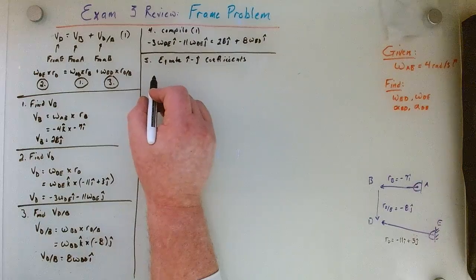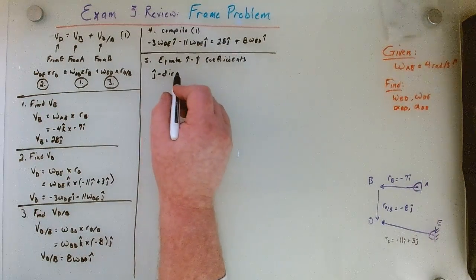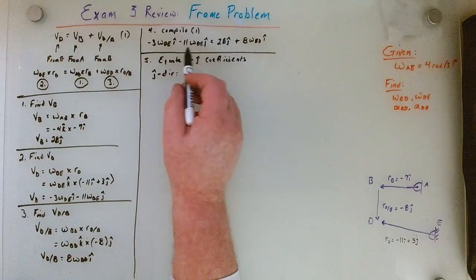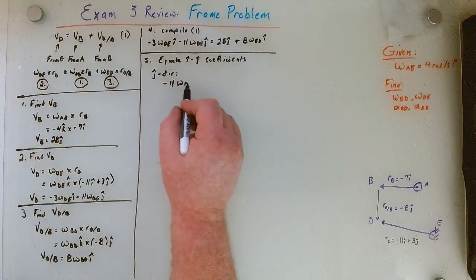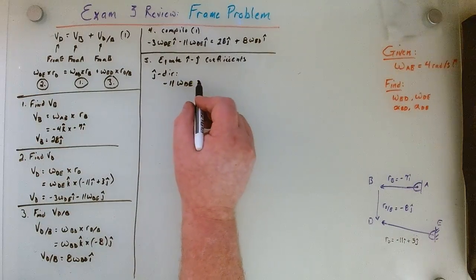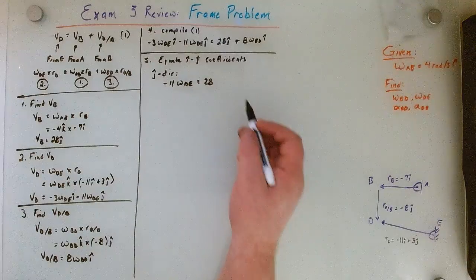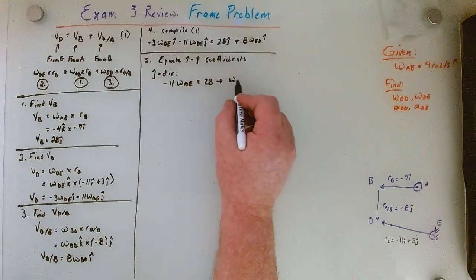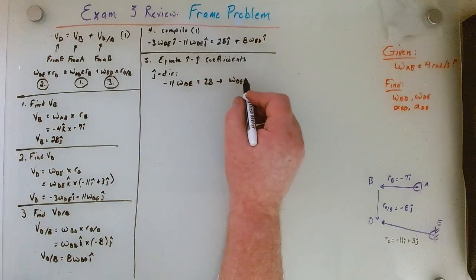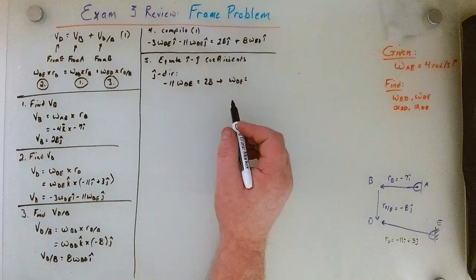So j direction? Sure. In the j direction, we have minus 11 omega dE equals 28. That leads me to believe that omega dE is a negative number around 2 something.